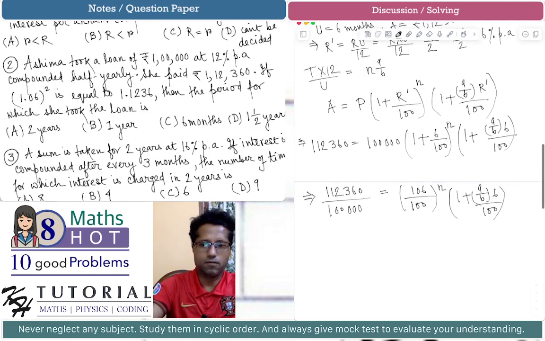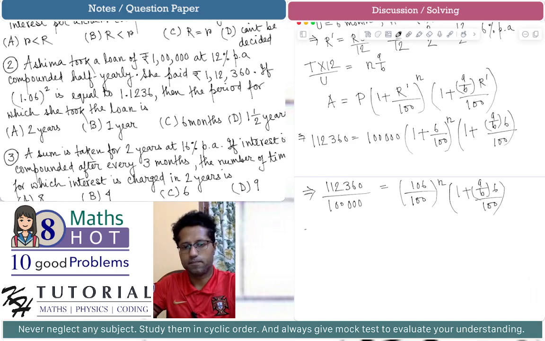Now somehow we have to convert the left hand side into exponential form.